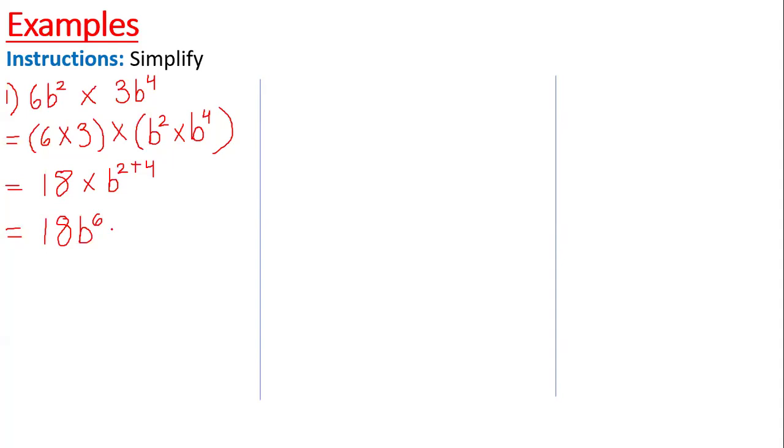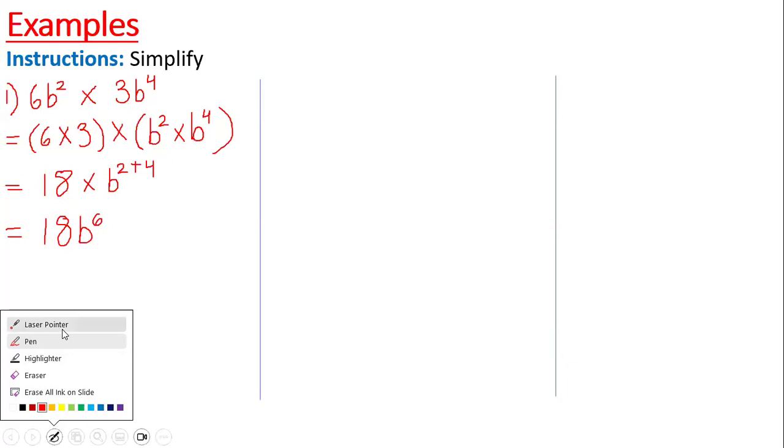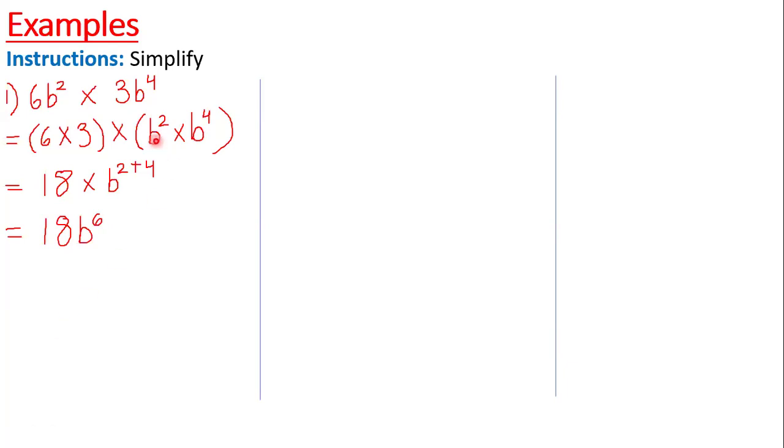Explain how we got 18b to the 6, please. We got 18 by times 3 times 6, and because of the b squared and the b to the 4th, all we do is add the 2 plus the 4 and the 6 times 3, and we get 18 and b to the 6. Very good.